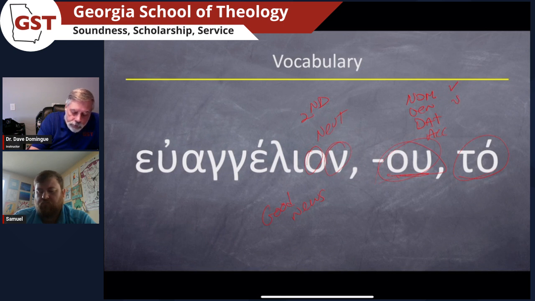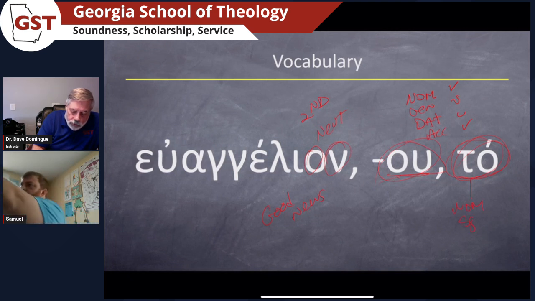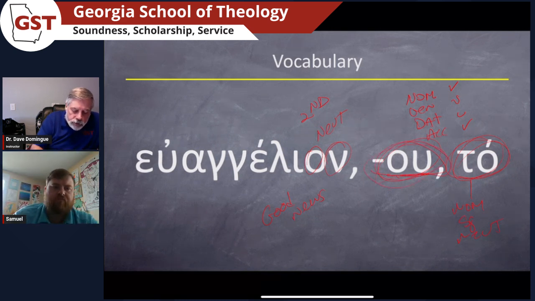The dative is going to be with the iota subscript ending. The accusative is going to also be with the nu ending. And I can follow my pattern in the singular. We do the same thing in the plural, right? So here's my nominative singular article in the neuter. So it helps me see the pattern. That's why they do this, so that you can see the pattern. Okay.